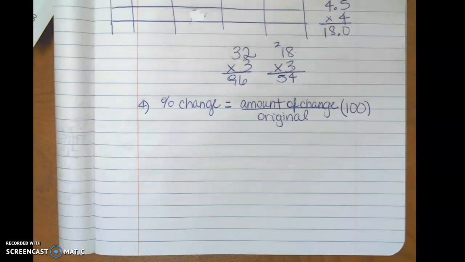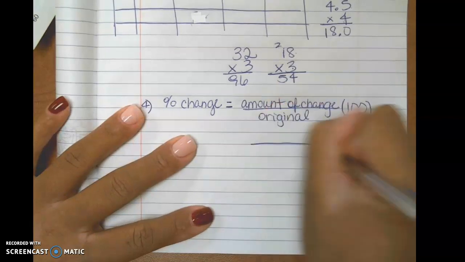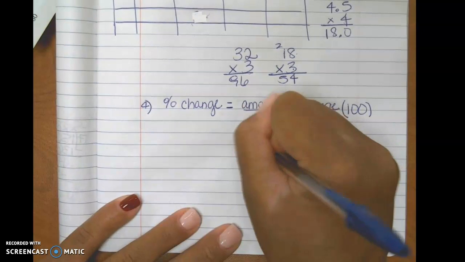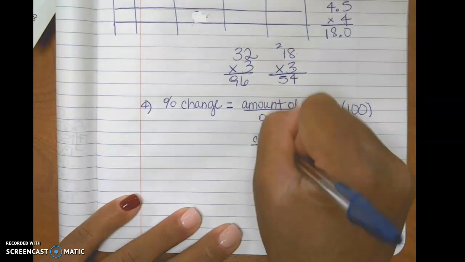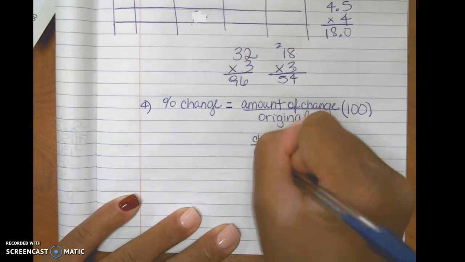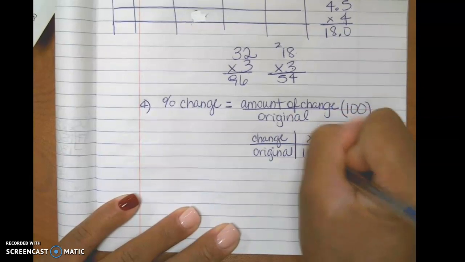Now, this is the same as setting up a proportion that says the change, same thing as the amount of change, over the original is X out of 100.